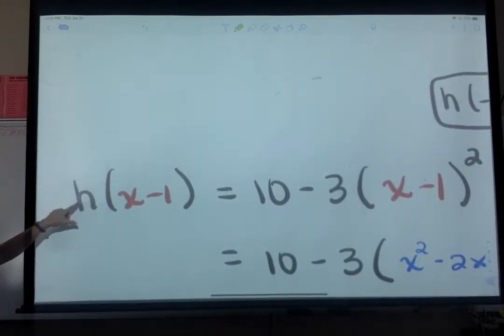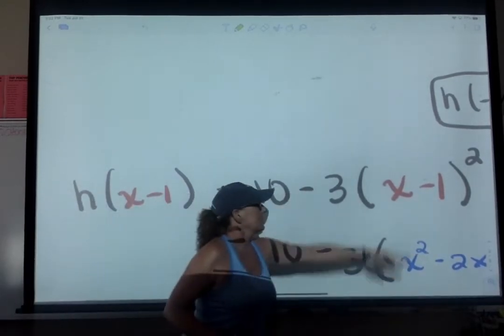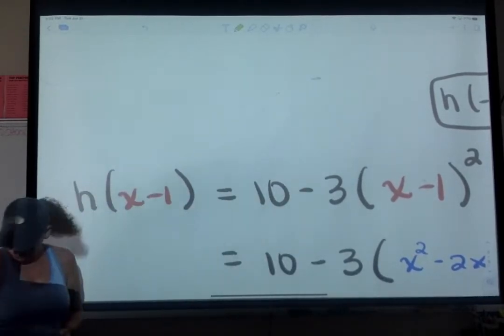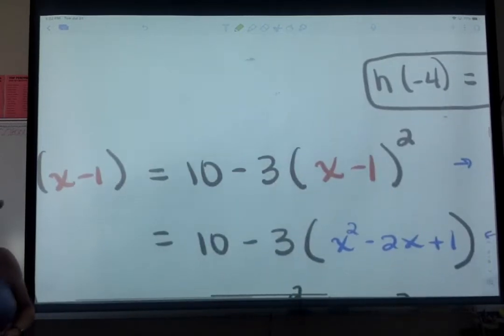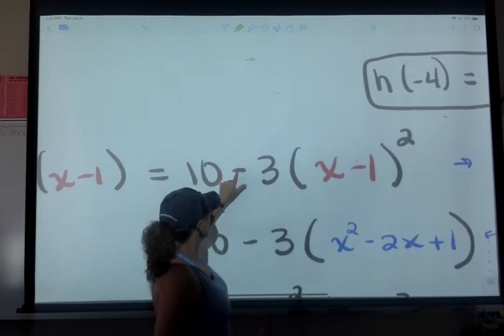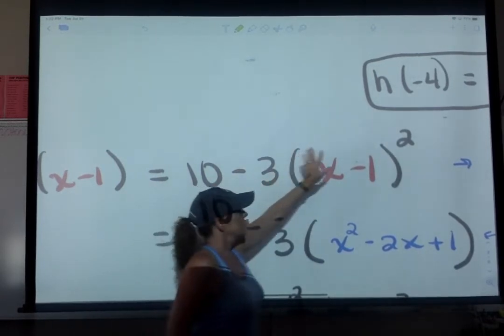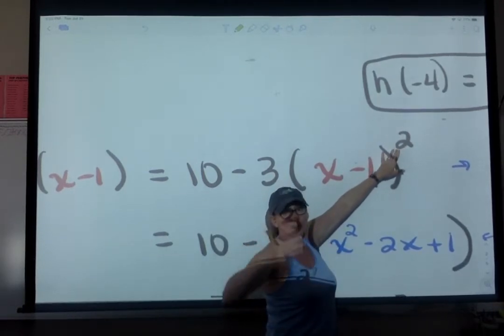Then, lastly, you're going to plug in x minus 1. This is what it looks like when I plug in x minus 1. Then, you have to start to evaluate that. So, we've got subtraction, we've got multiplication, we've got exponents. You need to realize and remember that the exponents come first.